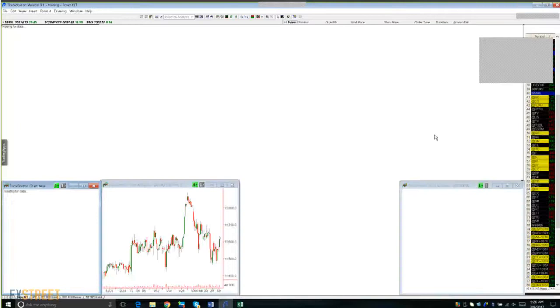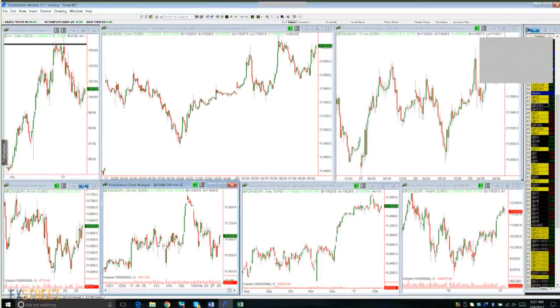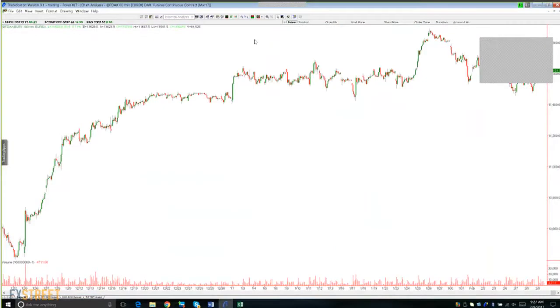And then we'll put a horizontal line across the top and we'll scroll back, with the goal being finding some supply. Of course, the data's not coming in. We'll get there. Just a moment. There we go. Okay. So we don't even need a horizontal line.